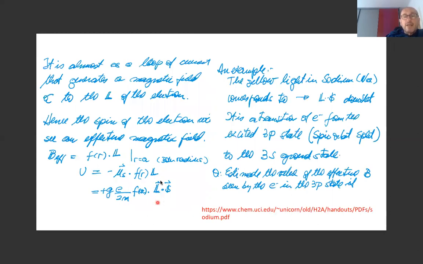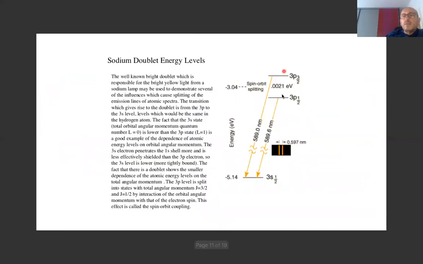But when I have an L equals 1 state, a P state, this value is different from 0. And so this is what happens here. I have a splitting of L with S, and the value of the splitting is 0.0021 electron volt, which is a very tiny amount.